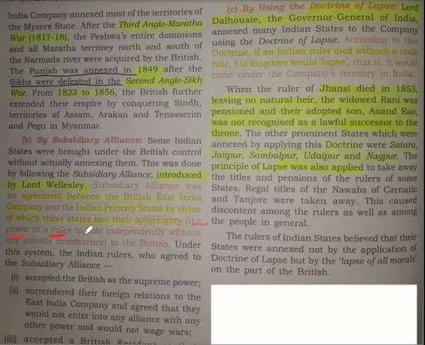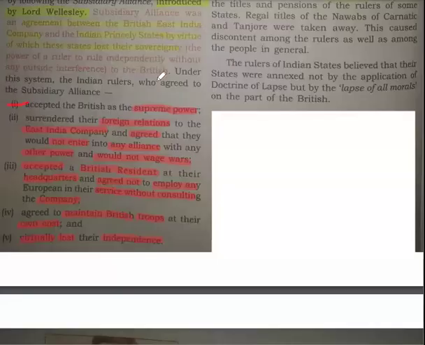The power to rule independently without any outside interference to the British. So we have some terms which you gotta remember. So they accepted the British as the supreme power, surrendered their foreign relations to the East India Company, and agreed that they would not enter any alliance with any other power and would not wage wars.